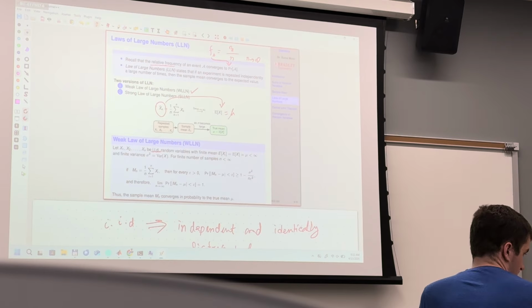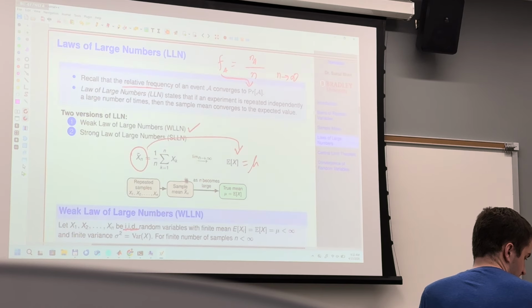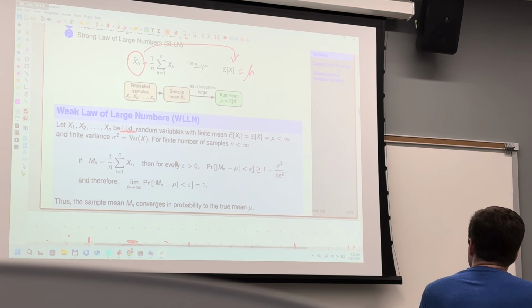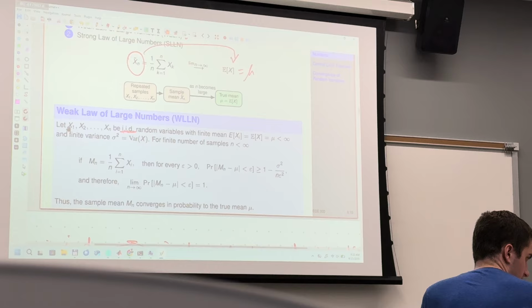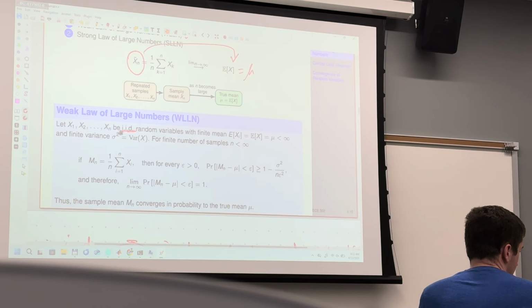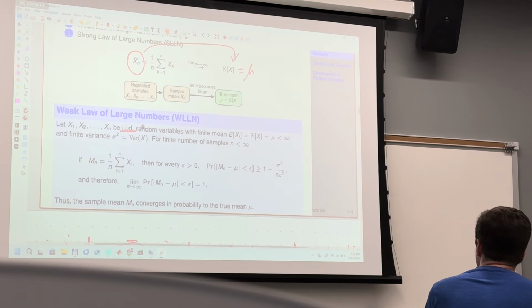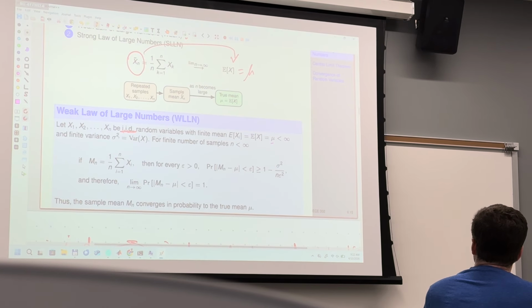So if we have x1, x2, dotted, x sub n be IID random variables, now you should not have any confusion when I keep repeating IID random variables, with finite mean, which means that the mean of each random variable, denoted with mu, is finite, and finite variance, sigma squared equals variance of x.